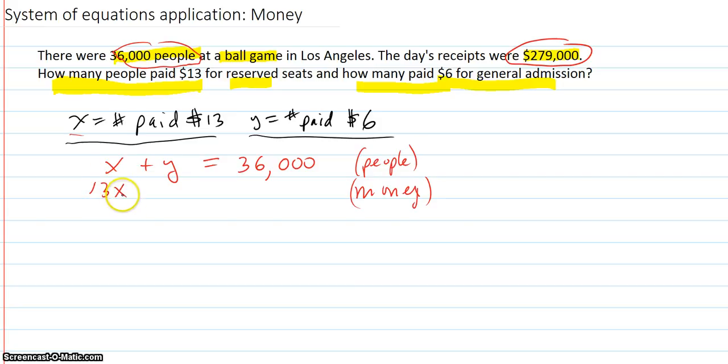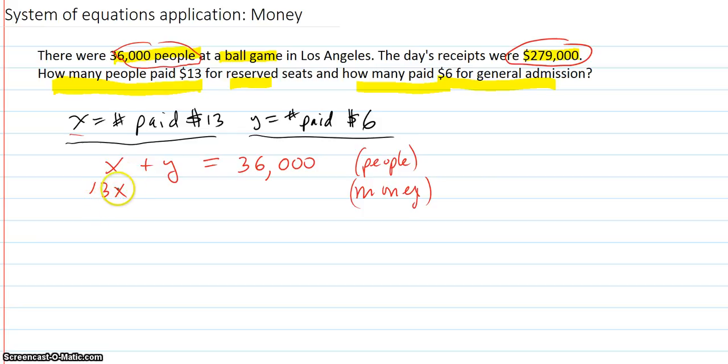So if one person pays $13, they would have made $13. If two people would have paid $13, then $26 would have been taken in. If X people pay $13, then 13X dollars are taken in.